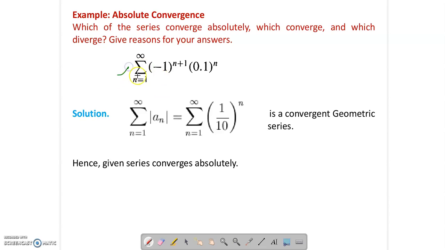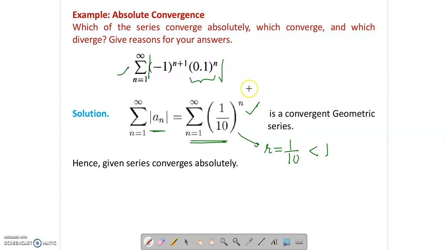Now see this example: summation n going from 1 to infinity of minus 1 raised to the power n plus 1 into 0.1 raised to the power n. So we consider the series of absolute values. Considering the absolute value, we have 0.1 raised to the power n. So this is the series summation n going from 1 to infinity, 1 by 10 raised to the power n. Now this is a geometric series whose common ratio r is equal to 1 by 10, which is strictly less than 1.